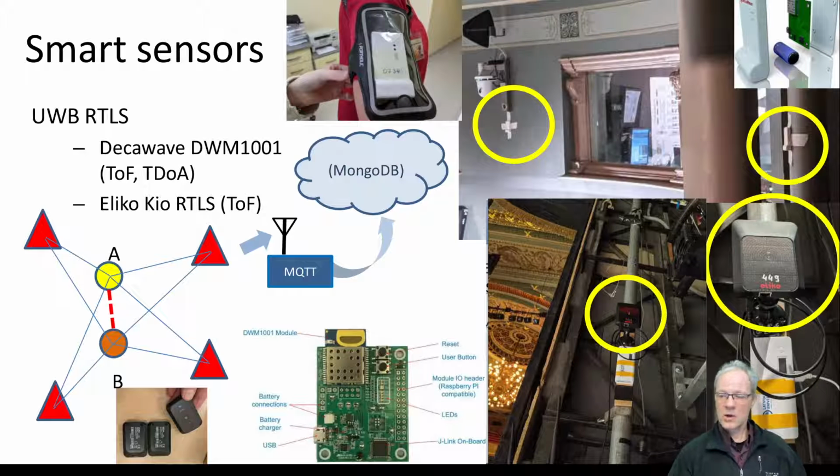All right. On the other hand, we had the smart sensors, and these are tiny boxes. We had two kinds. We had the Helico system, which is made in Estonia, I believe, and then we had the Decawave system that comes from the Decawave company in the US, I believe.